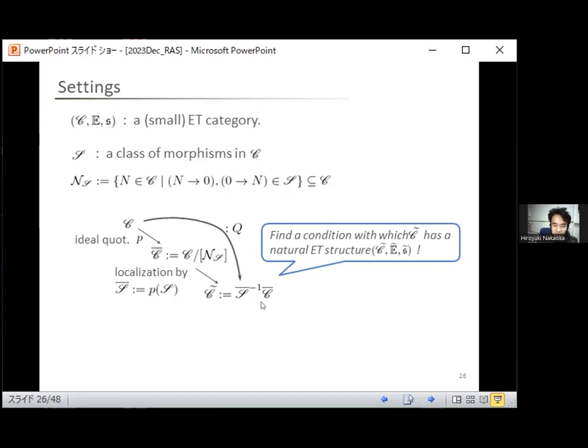So the resulting localization is the derived category. I hope this is a homotopy category. But N would be the subcategory of all acyclic complexes in that case.